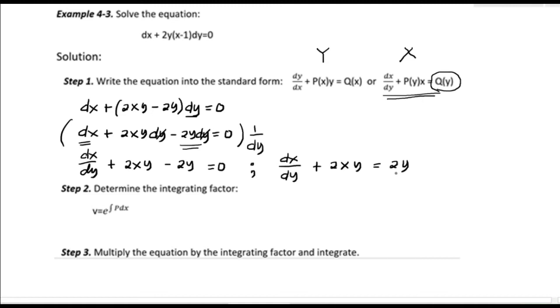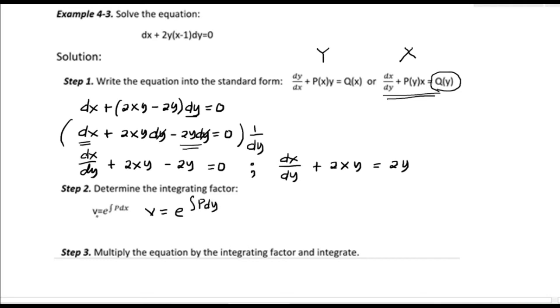For our formula here, v is equal to e raised to the integral of P dx if that is in variable of y. Since this is in variable of x, then the formula is e raised to the integral of P, and it should be dy.